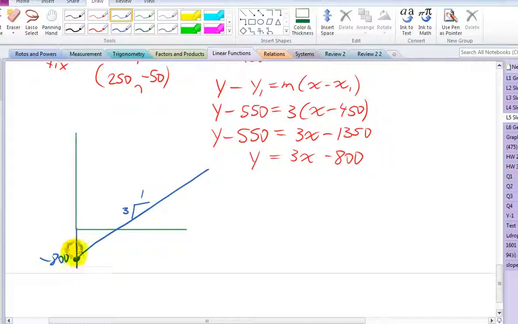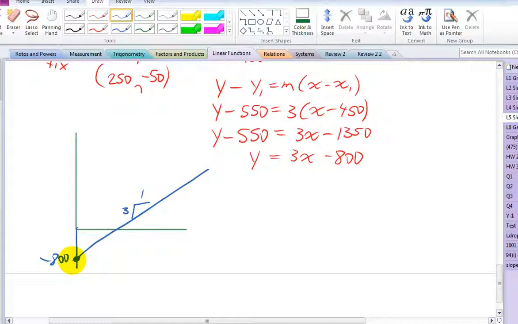Why do I start with a profit way down here below 0? Why am I taking a loss? Think about a raffle. How does that happen? Yeah, but why am I still negative though? What do I spend money for in a raffle? Prizes and tickets, right? It costs money to print the tickets.